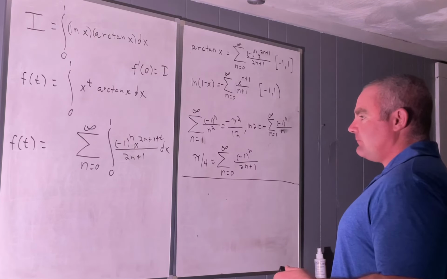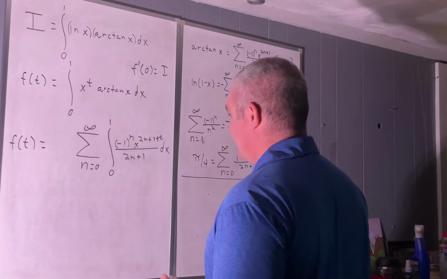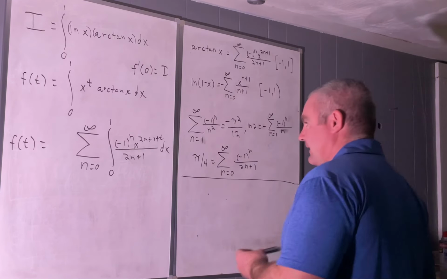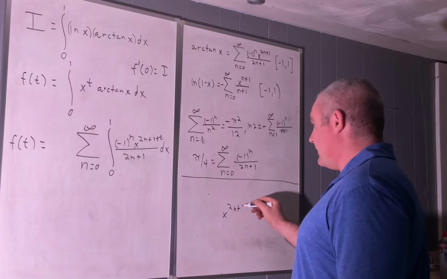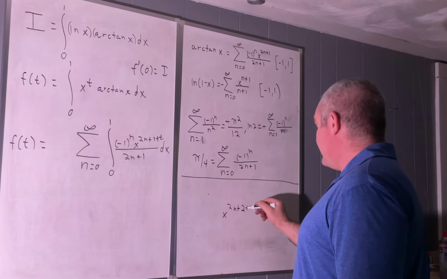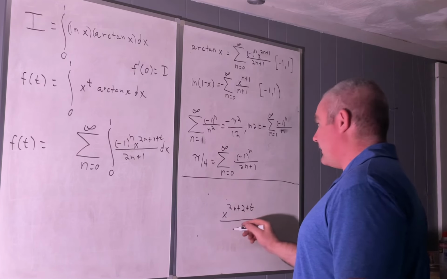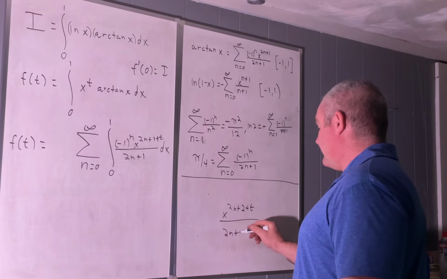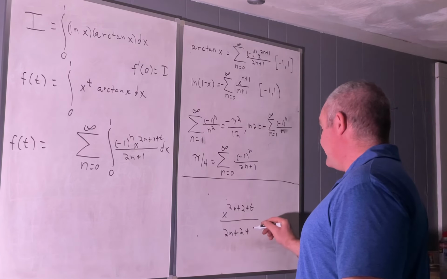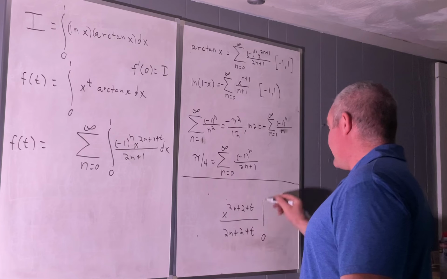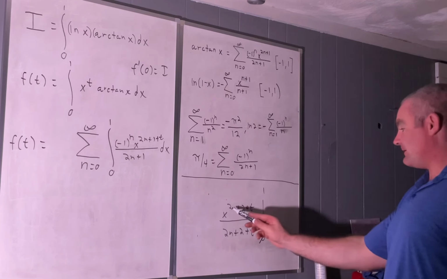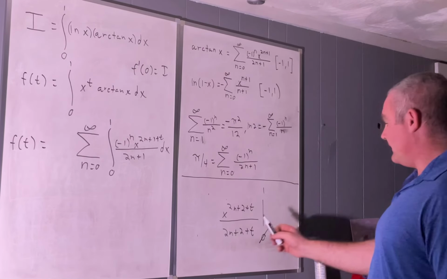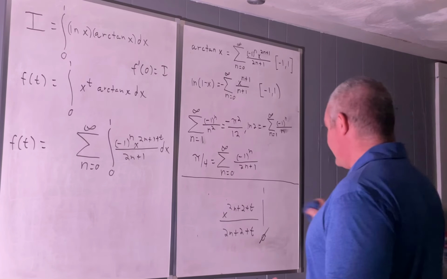So let's see. That would give us x to the 2n plus 2 plus t over 2n plus 2 plus t from 0 to 1. The lower bound would go away because x equals 0, and then 1. This whole thing would just become a 1.